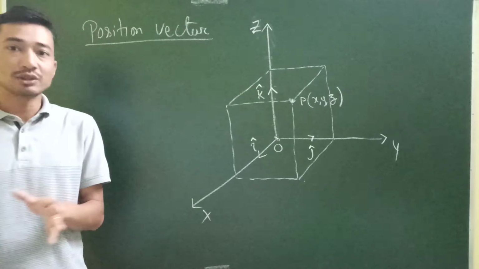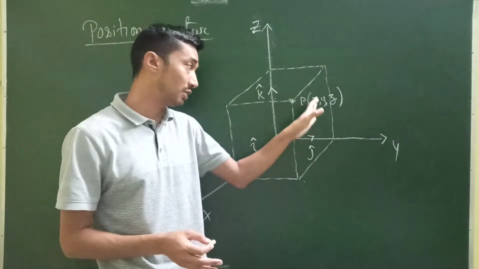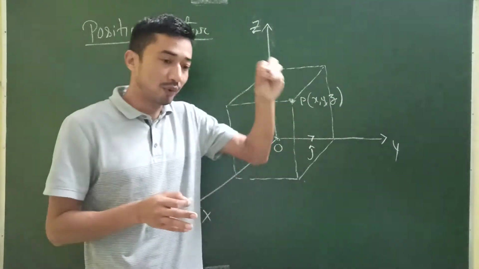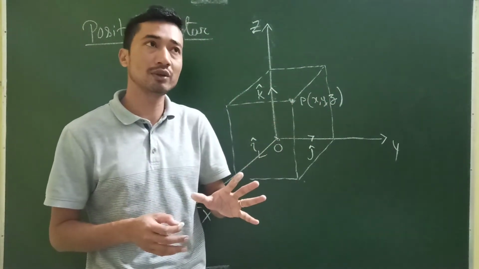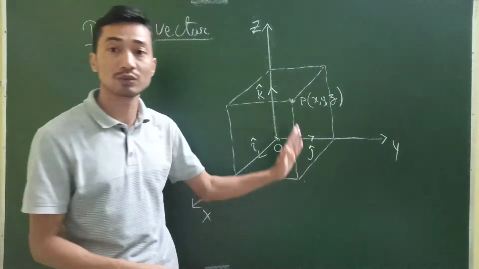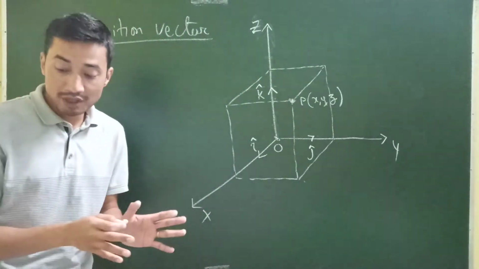Now what do you mean by position? This is a point in space with respect to the x, y and z axes. If a point is given to you in space, how do you represent that in vector form with respect to the three axes? What do you mean by position vector?